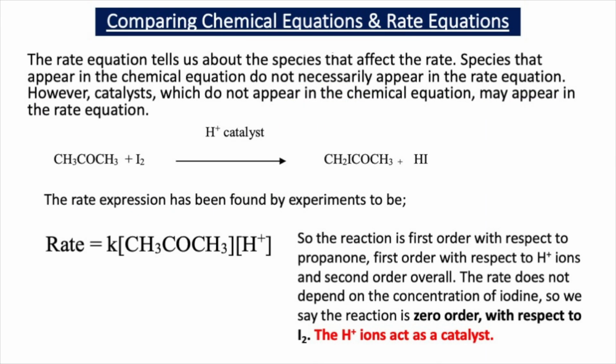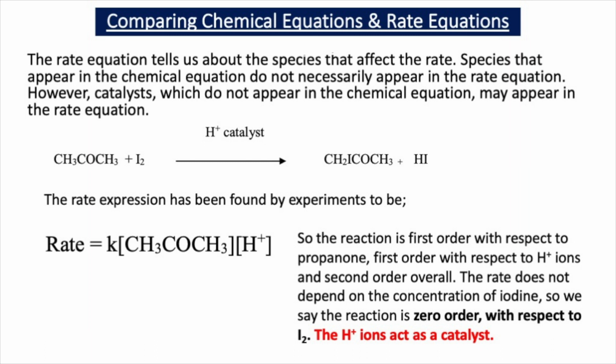Now, the rate equation tells us something different to the chemical equation. The chemical equation summarizes what you start with, the reactants, and what you end up with, the products. And reactions can often take place in a number of steps. Now, the rate equation is based on the slowest step in a reaction. We call this the rate determining step.